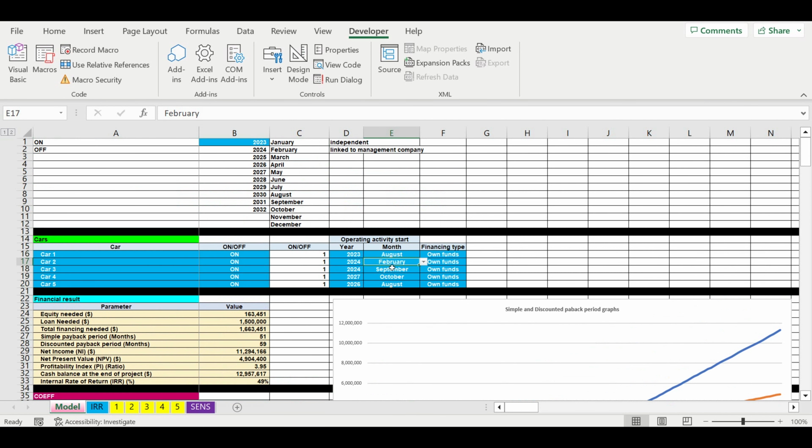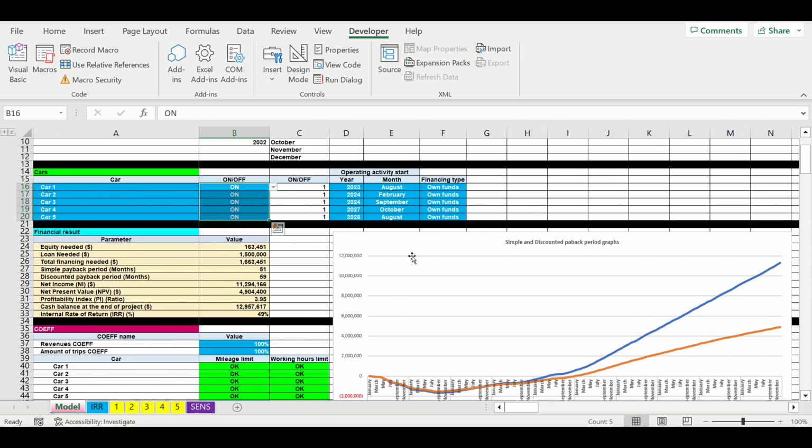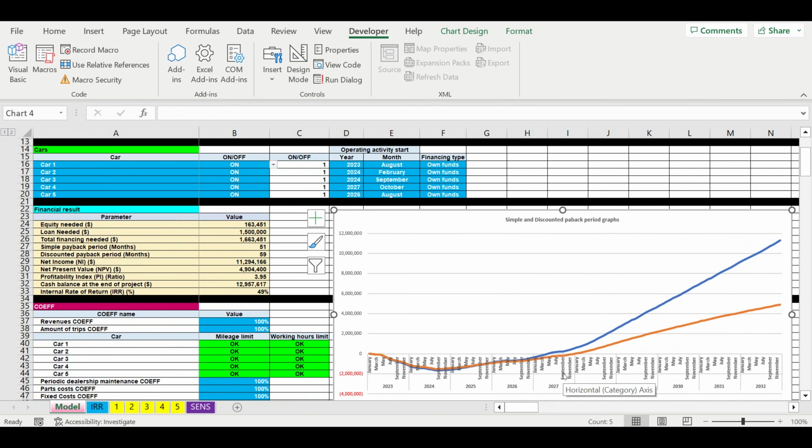Here we can see the financial efficiency of the car, and we have our 5 cars, and a simple and discounted payback period diagram for these 5 cars. We can set up when we start operating activity for each car and what type of financing we are using for this or that car specifically.